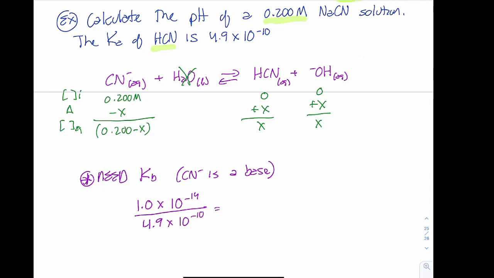And that's going to give me Kb. And I got 2.0 times 10 to the negative fifth.